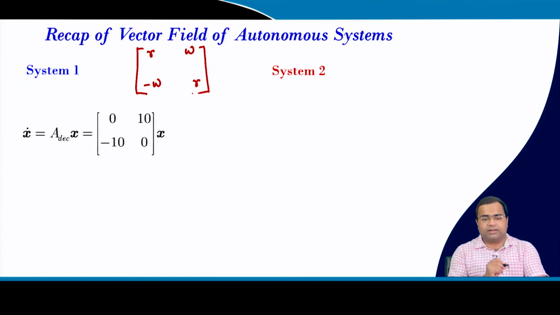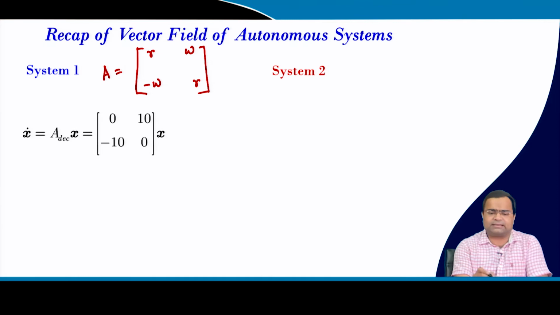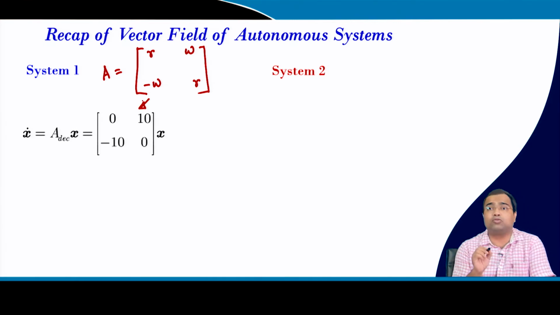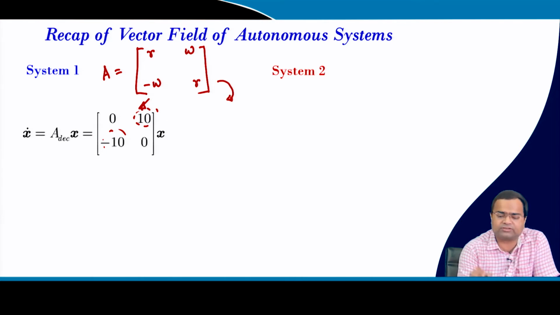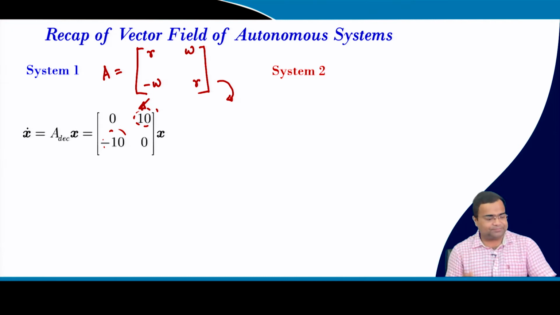We have considered the A matrix in the regular form, where r equal to 0 and omega equal to 10, and if this quantity is positive and this is negative, then we know we will get what is called the clockwise motion. That also we have discussed in lecture number 43.